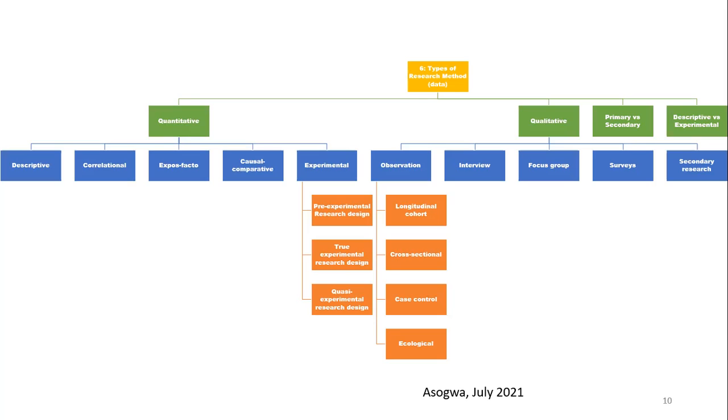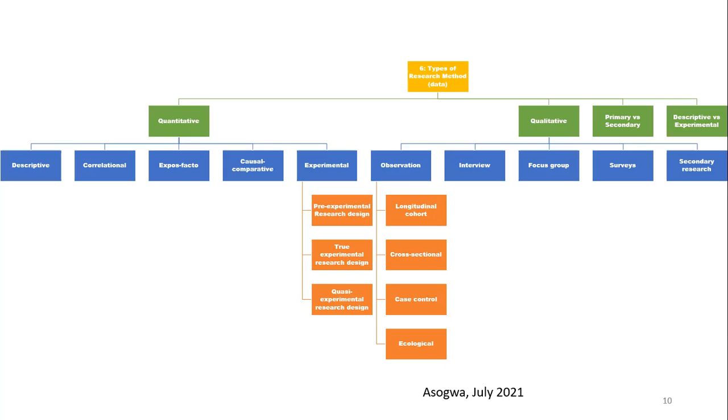But when data is collected for another purpose, maybe stored in the library, but relevant to our study, and we make use of it, that is called secondary data. And it is also a type of research method under data collection classification.